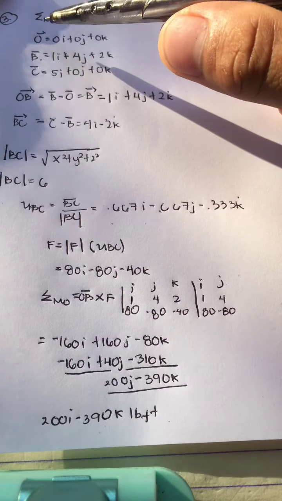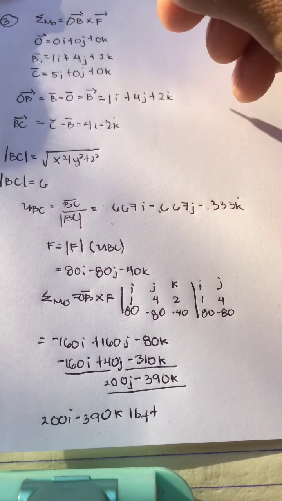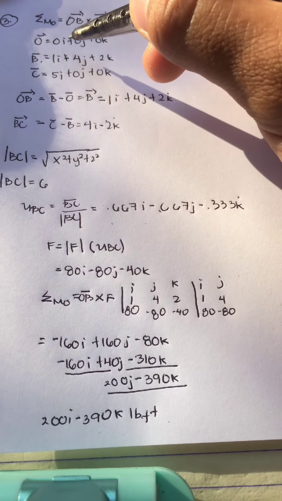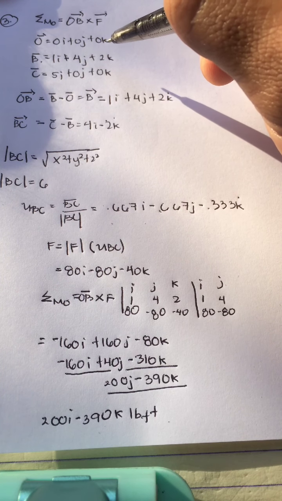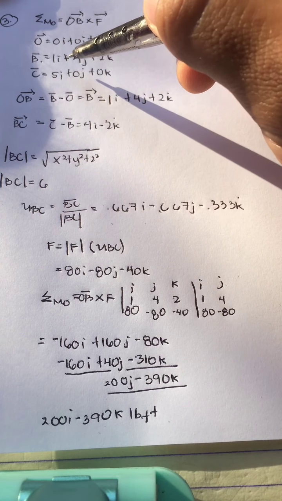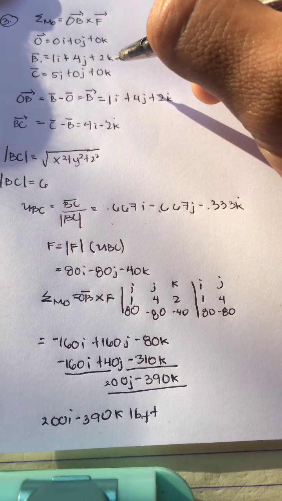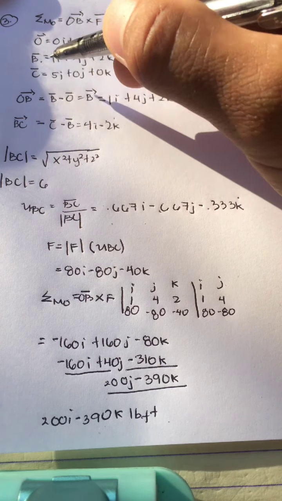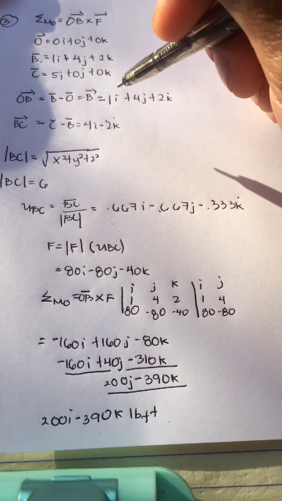So next, the O vector is equal to 0i plus 0j plus 0k. Then the B vector is 1i plus 4j plus 2k. Then the C vector is equal to 5i plus 0j plus 0k.